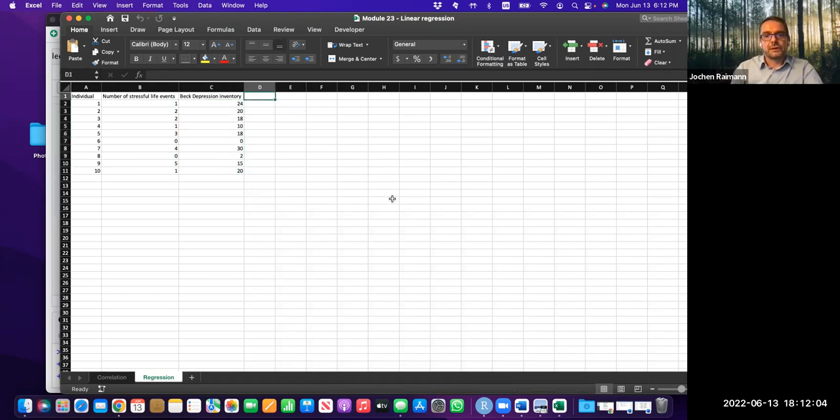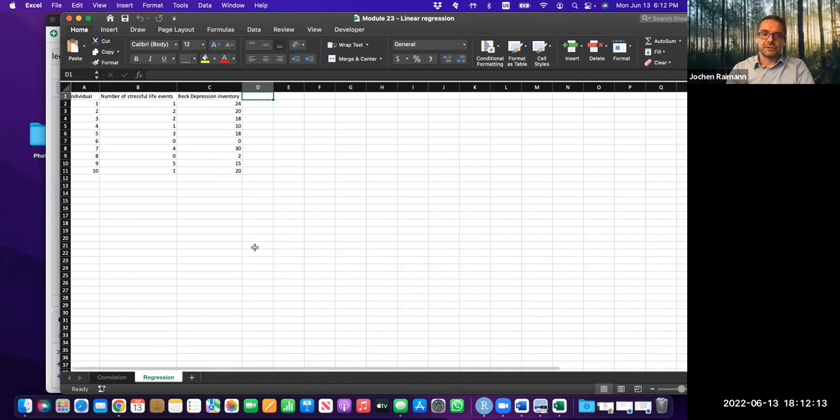Now, in the first step, you want to calculate the correlation coefficient between both of these. So first, let's do a characterization of that.